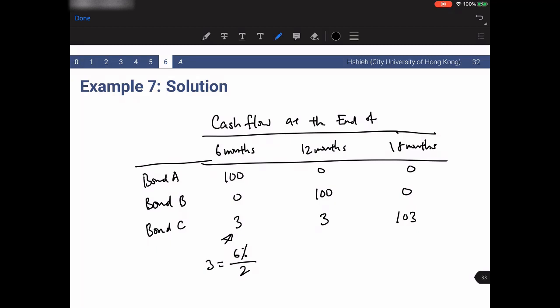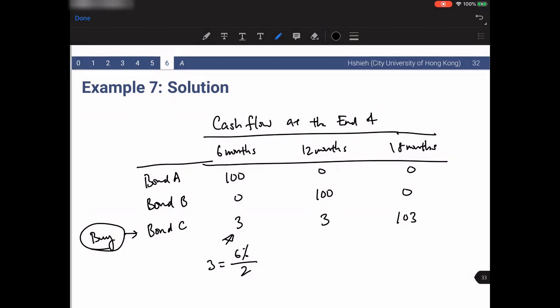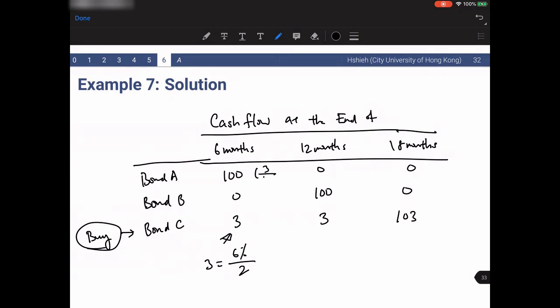Okay, so obviously what we have to do is we're going to have to buy bond C, right? But we want to come up with weights of bond A and B that cancel out the coupon payments. And we can do this by selling 3%, right, of bond A or bond B, right? We just multiply this by 3 divided by 100 and 3 divided by 100, right?